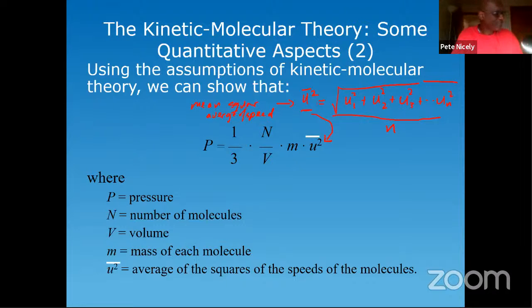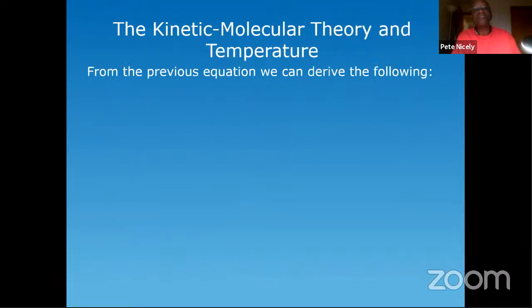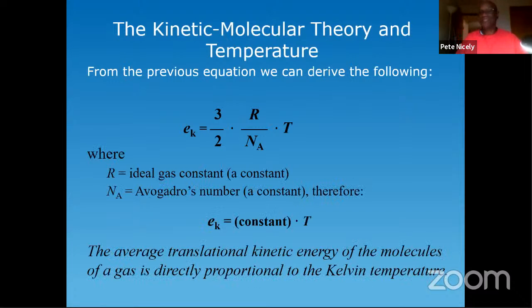Now, the next slide shows you another equation, which is derived from this equation, right? So basically, this equation shows you the relationship between the average kinetic energy of a gas and different terms. R is the molar gas constant, Na is Avogadro's number, and T here is the temperature.